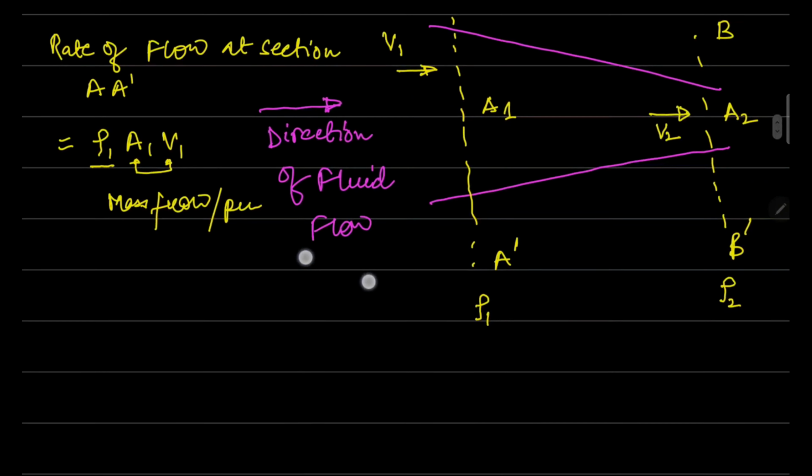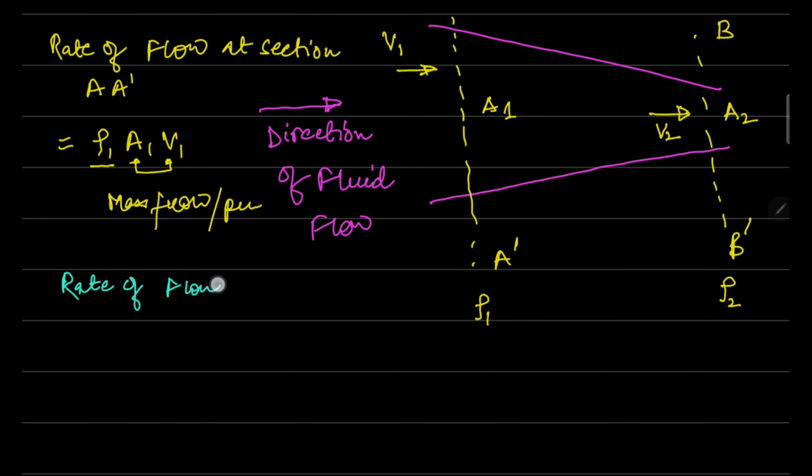And similarly, using the same scenario, we can write the rate of flow for section BB dash as ρ2, which is the density of the fluid at section BB dash, multiplied by the area of cross section, that is A2, and the velocity we have considered is V2. This follows the law of conservation of mass.